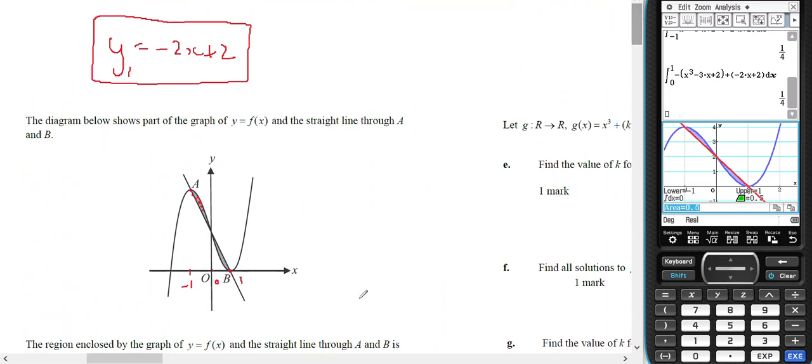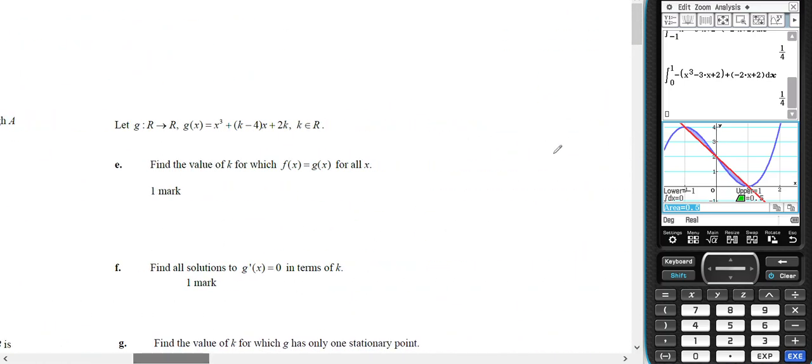Okay, part E. The value of k for which f of x and g of x are equal for all x. Okay, so f of x is x cubed minus 3x plus 2. I want them to be equal to each other.